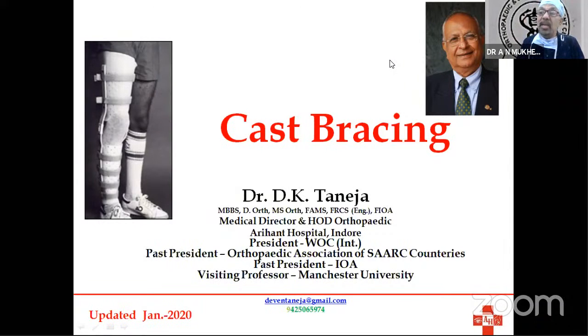So in Elizarov, after docking or after total consolidation of the bone, you can see there is much more incidence of refracture, because the Haversian system is not much dense, where the woven bone has been formed in the system. So this is a weaker system. We have to protect an elongated bony piece which has been newly made, rather than a bone which has been united by primary or by secondary intention, end to end.